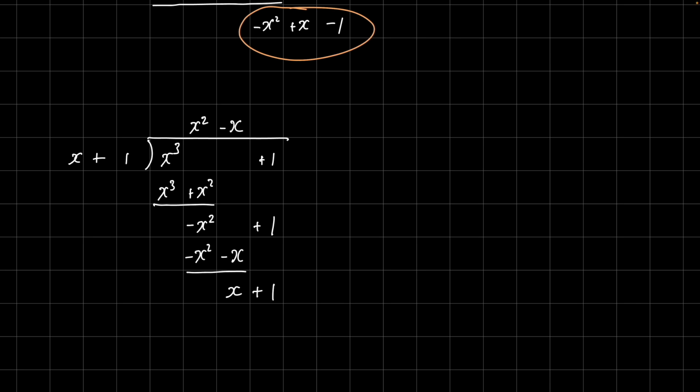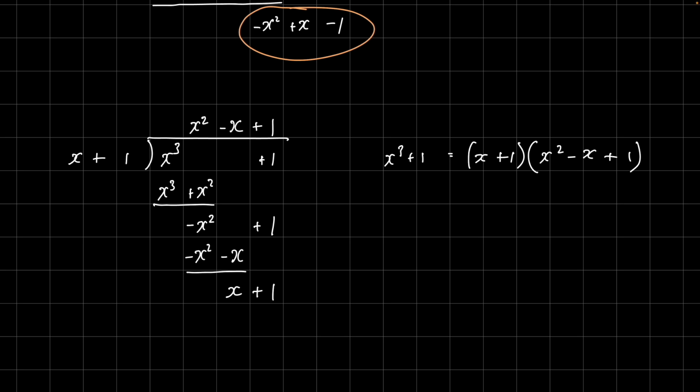And as expected, x plus 1 is exactly 1 times x plus 1, so this factorizes properly, which means that x cubed plus 1 is equal to x plus 1 times x squared minus x plus 1.